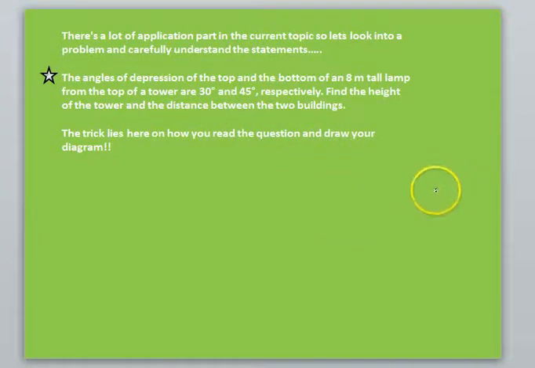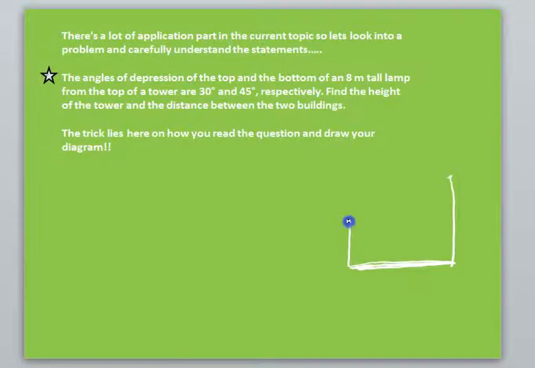So let's make a diagram here. We are situated on this tall building over here. We are watching onto a smaller building over here, or a lamppost, whatever it is. Let this be the ground of reference. Remember, that is not the line of sight, it is the ground.